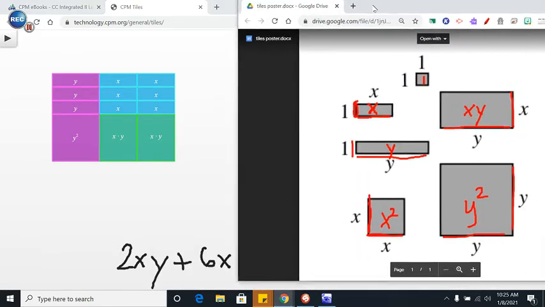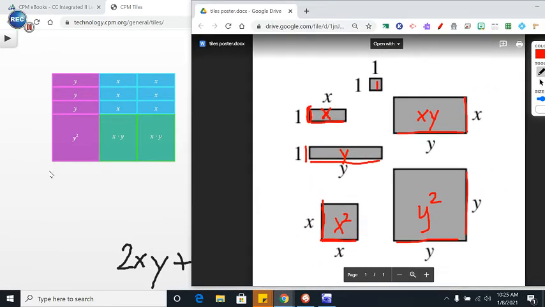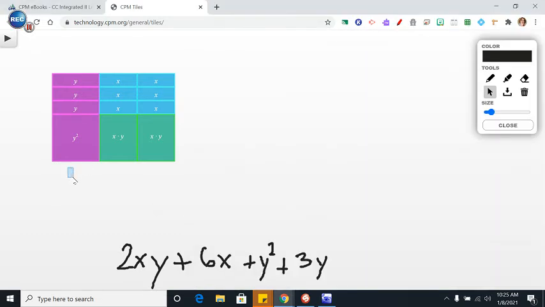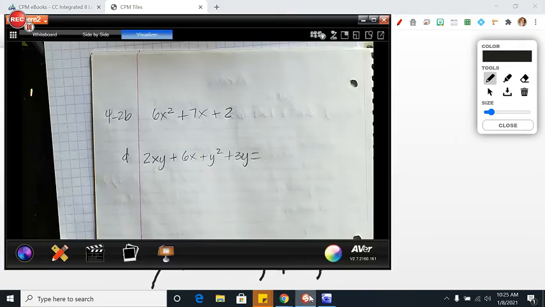Okay, so I need the length of this y squared tile. So as you can see right here, that's going to be y. So I'm going to put a y right here. So that length right there is y.